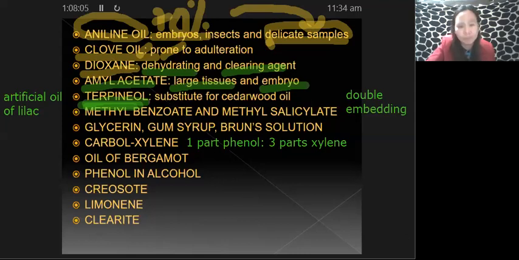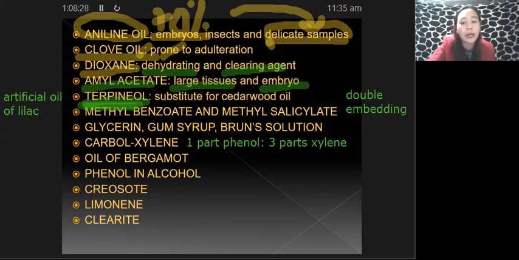So how do we use your carbolxylene for clearing? There are certain precautionary measures that you have to take note of. Number one, you should avoid leaving your slides in carbolxylene for more than 5 to 10 minutes.